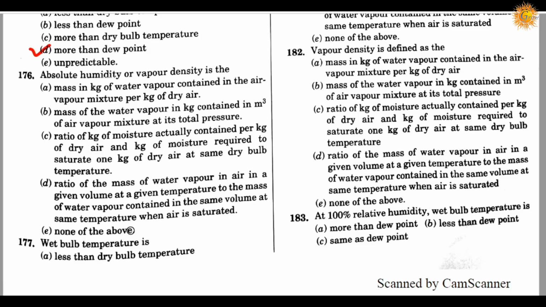So the correct answer is B, mass of water vapor in kilogram contained in meter cube of air vapor mixture at its total pressure.